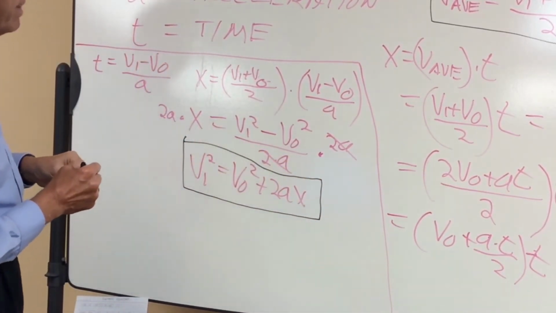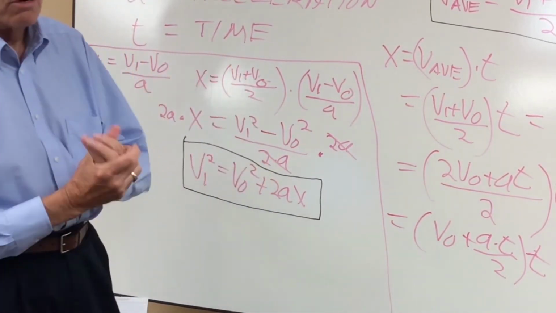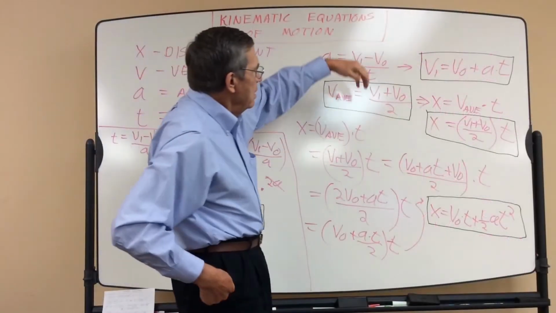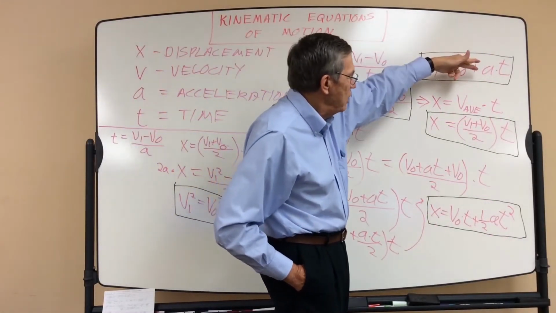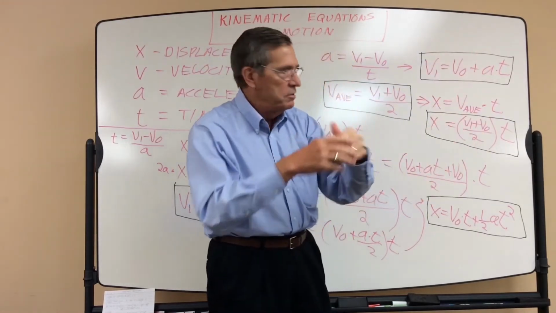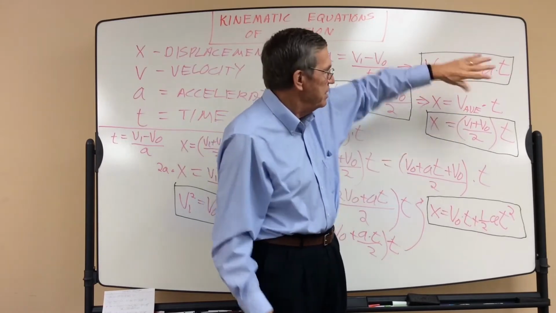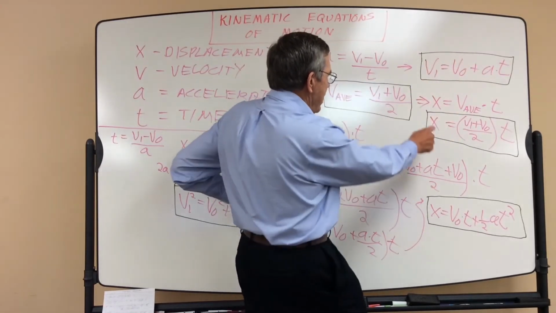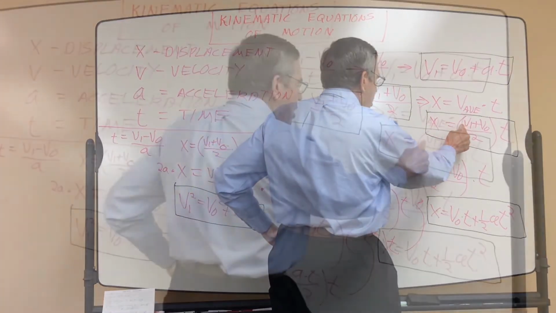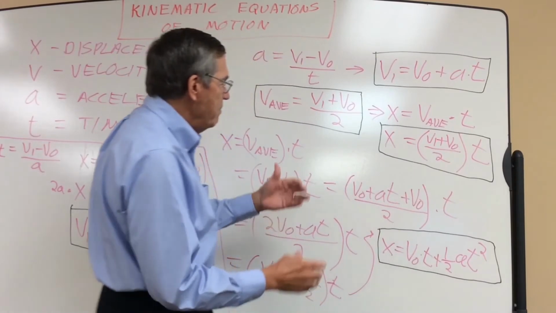All right. Now, let's look at these kinematic equations a second in terms of what variables are involved. In this first one, we see both velocities, we see the acceleration, and we see t, but we see no x. In this one, we have x, v1, v0, and t, but what's missing?